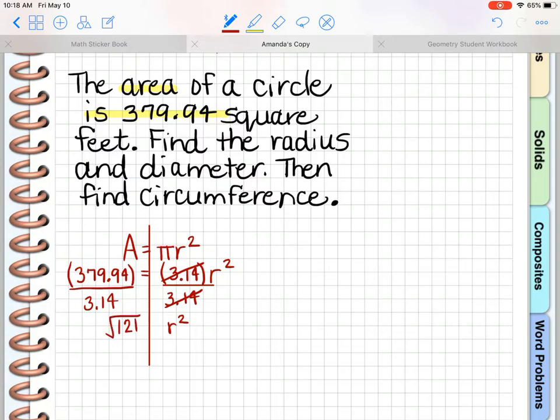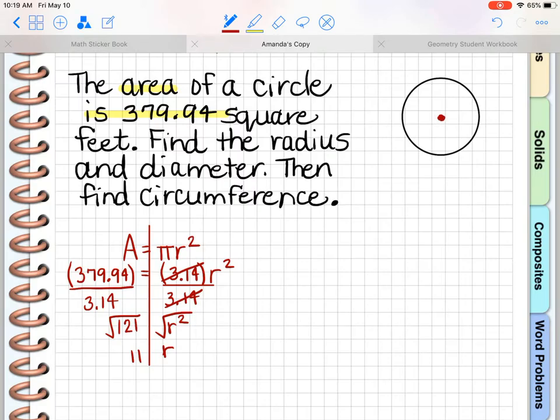But then to get rid of the square, we have to take the square root. So radius, r, is 11. And you know what Amanda's going to do. I am very much a picture person, so I'm going to put that radius in here so that I can see it.